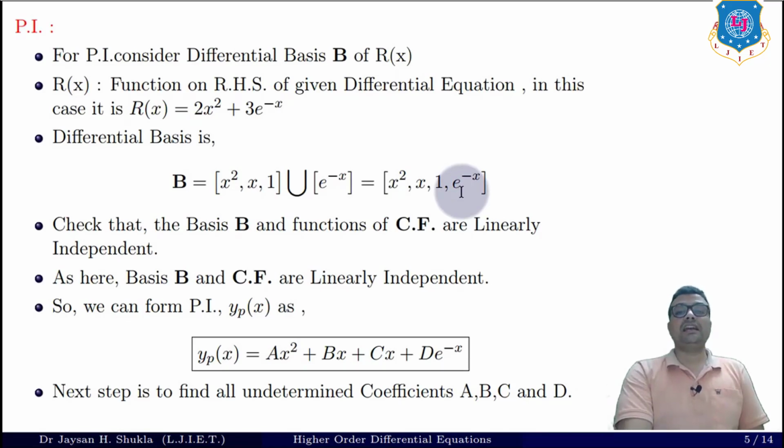That means we can assume that this is a non-repeated case. These two sets, the basis and the CF, are linearly independent, and therefore I can consider my particular integral as this element with arbitrary constants A, B, C, and D with addition. Now I want to figure out what the values of A, B, C, and D are.